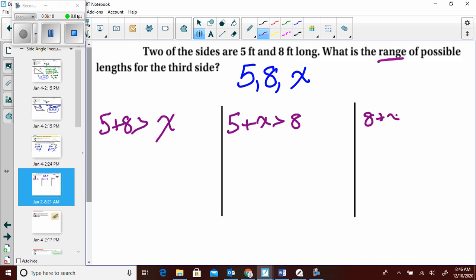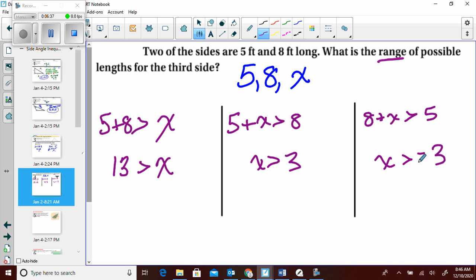And 8 plus X must be greater than 5. So we have three possibilities. You set up all three. When it's looking for the range, add two sides, greater than the third, and do all three combinations. So I have X is less than 13, X is greater than 3, X is greater than negative 3.